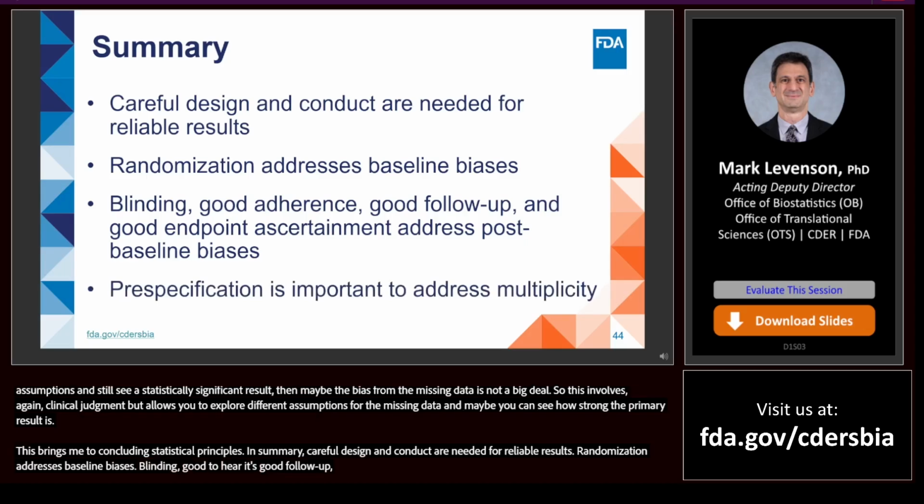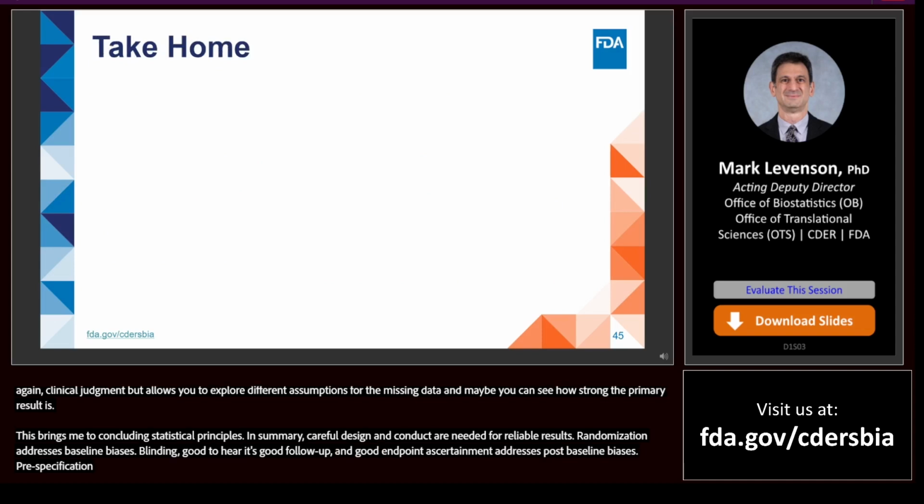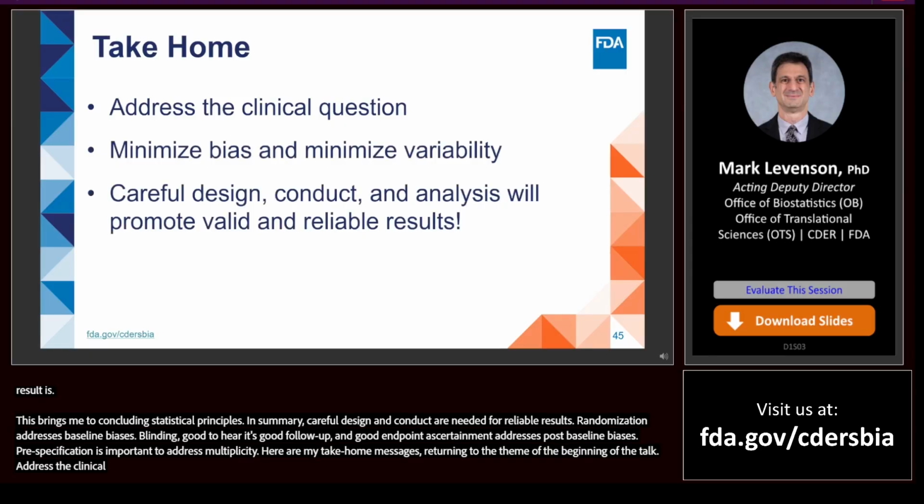Pre-specification is important to address multiplicity. Here are my take-home messages, returning to the theme of the beginning of the talk. Address the clinical question, minimize bias and minimize variability, and careful design and conduct will promote valid and reliable results.